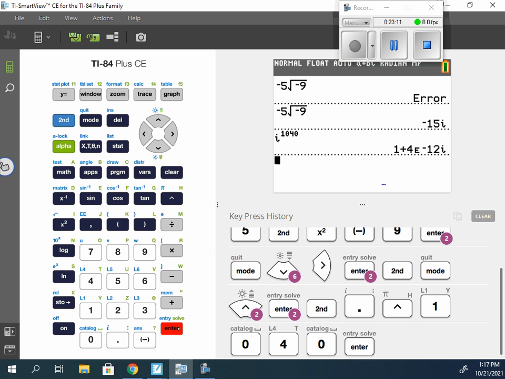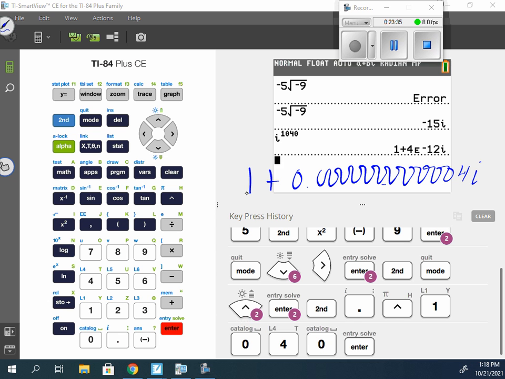Now the E is our times 10. So really what it's saying is 1 plus 4 times 10 to the negative 12th i, which in scientific notation is just saying that we have 1 plus 0.000000000004i.